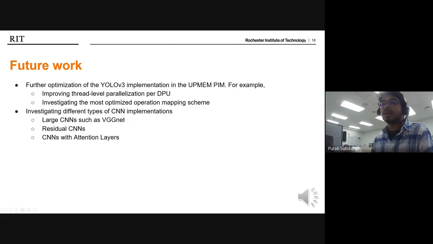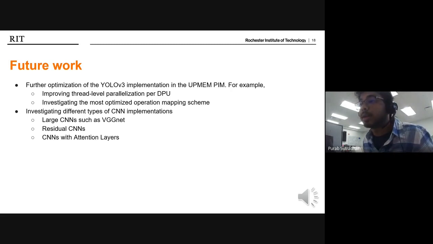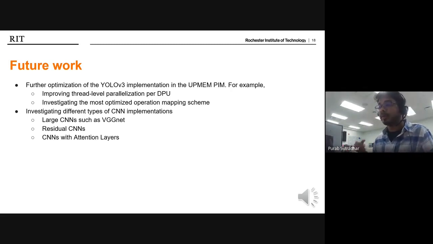From our side, we'd love to further optimize our YOLO v3 implementation, because we noticed that we added a certain amount of inefficiency when it comes to the segmentation of the tasks, and aligning those identical blocks to each DPU.